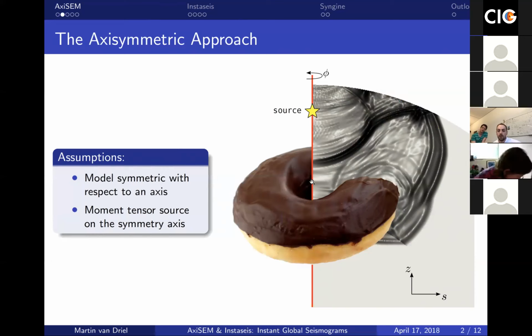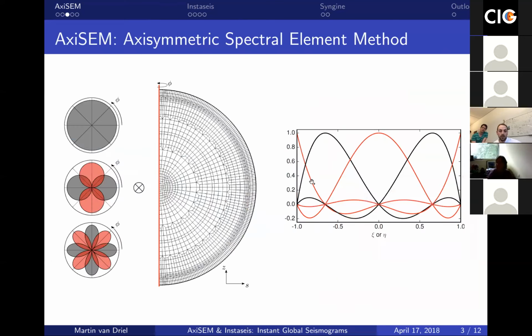That's why we effectively only have to solve a 2D problem in this kind of D-shaped domain. For that, we use the spectral element method. The azimuthal component is handled analytically. And that's how we essentially get fully 3D waves by using a 2D numerical method.